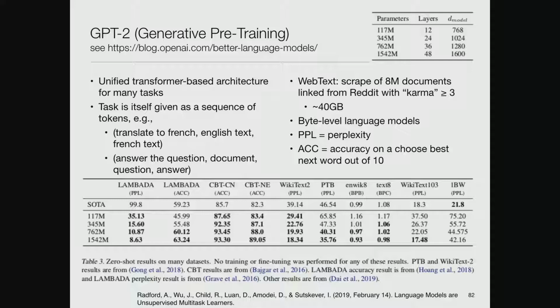So it's a multitask learning approach that says we're going to build a better model by trying to solve a bunch of different tasks simultaneously. And so they built enormous models. By the way, the task itself is given as a sequence of tokens. So for example, they might have a task that says translate to French, English text, French text, okay?